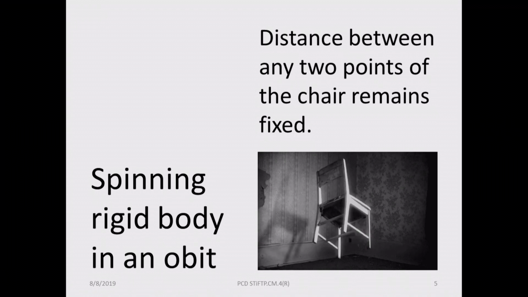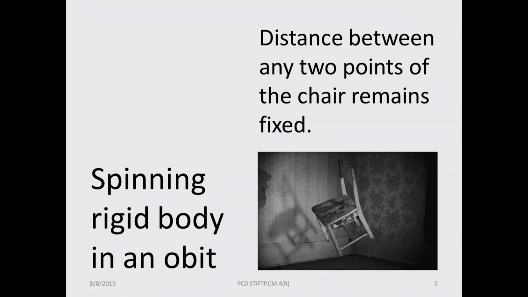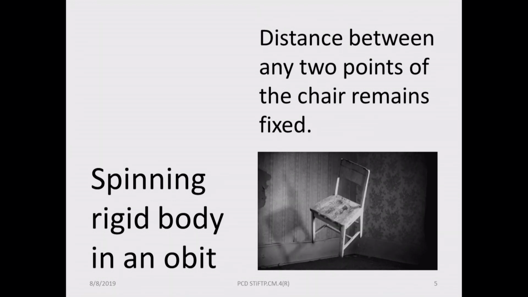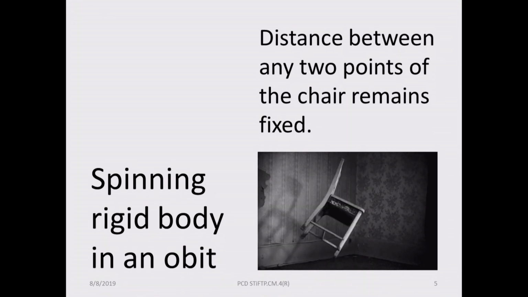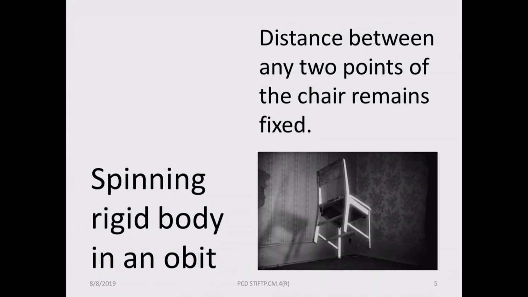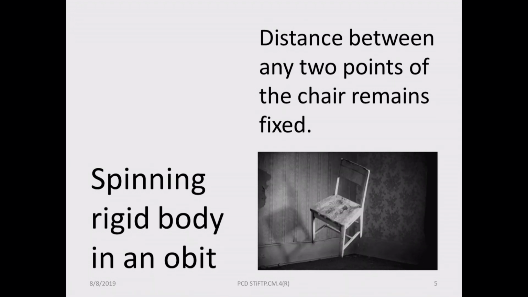So no matter how it spins, if you take any two points on this chair, that distance remains the same because it is a rigid body, which means that the number of degrees of freedom that the particles of the chair have is brought down because of this constraint. There is this constraint that the distance between the two particles must remain the same, and it is very easy to understand this when you just consider two particles.